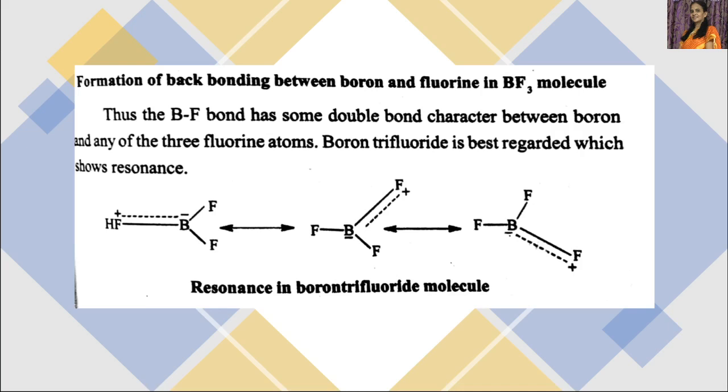And for the Arachno series, it is 2n plus 6 type of structure. Next, in the case of the BHB bridge bond, such type of questions they will also ask, in multiple choice questions or fill in the blanks type of questions.